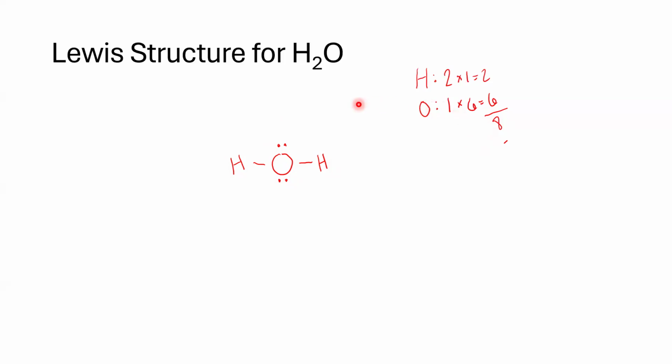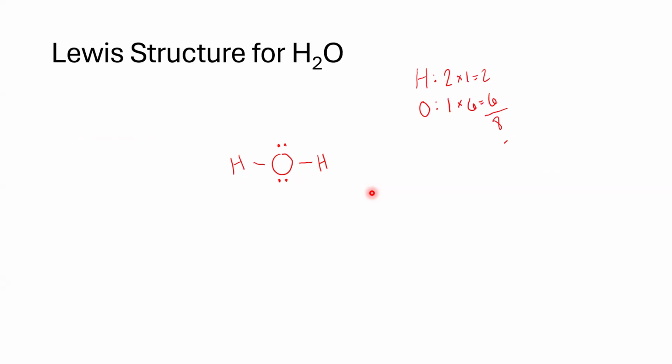I'm counting all the electrons up here. Bonds count as 2, so when I count, I've got 2, 4, 6, 8, which matches 8. This is the correct Lewis structure for H2O. Just a little note, it's not showing bond angles correctly, but it is the correct Lewis structure for H2O.